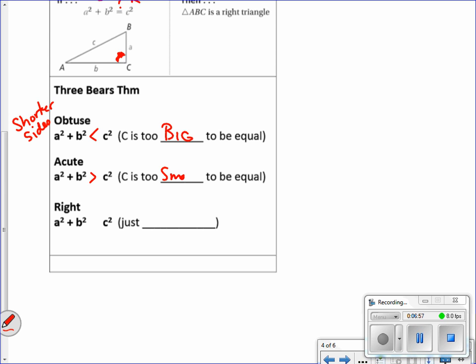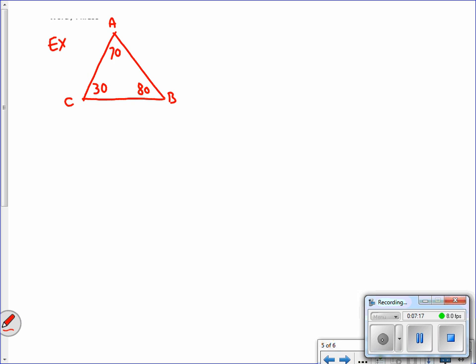It's too small to be equal to a squared plus b squared. Then it has to be an acute triangle. And then finally, if I take a squared plus b squared and it equals c squared, then it's just right, right? Okay, hopefully you see the analogy there. So you don't need to write this down. I just want to plant a seed for where we're going with our concepts, okay?